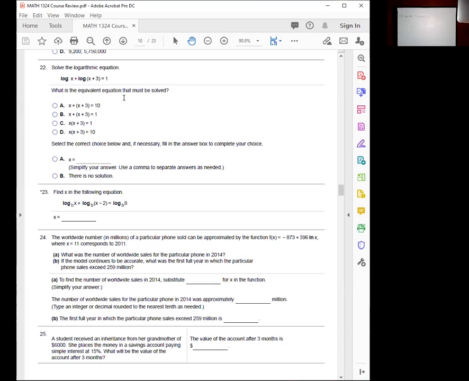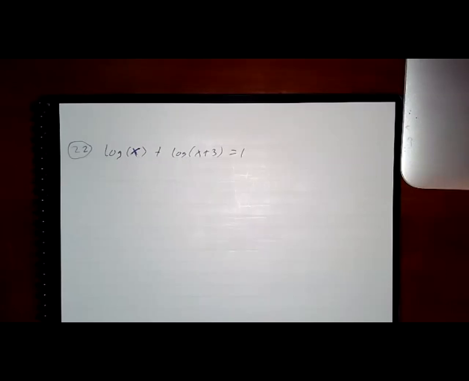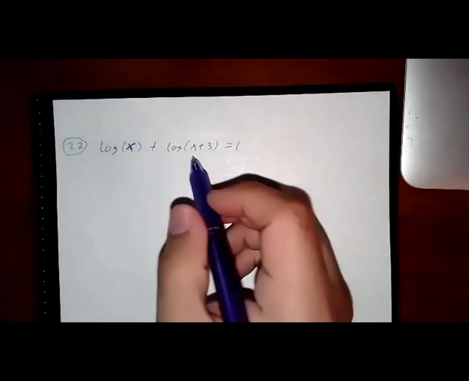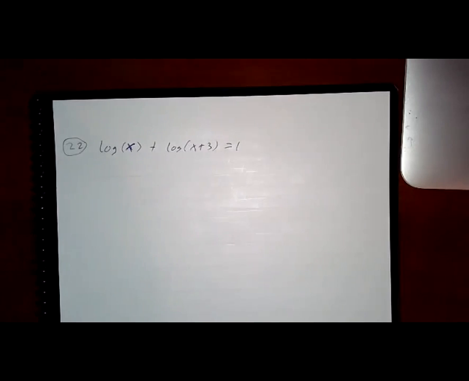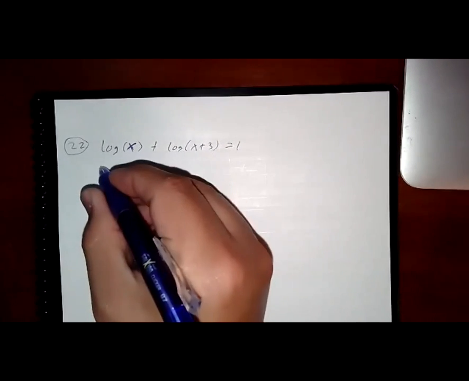All right, so you've got to get rid of that log. And remember, if they don't write the base, it's assumed to be 10. It's called the common log. But in order to get rid of the log, you first have to combine all the logs into one, and then introduce the base.